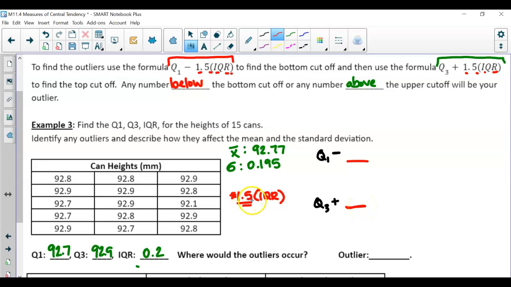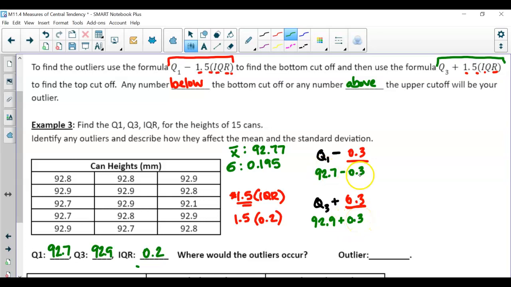What is 1.5 times the IQR, which in this case was 0.2? You should have gotten 0.3. So this is the value that we're going to subtract from quartile 1, which was 92.7 minus 0.3. And then we're going to add to quartile 3, which was 92.9 plus the 0.3.